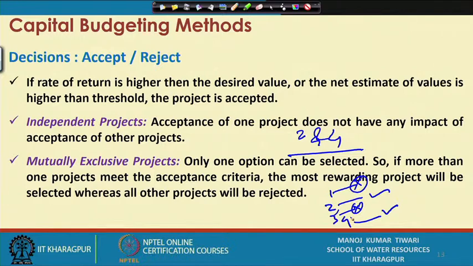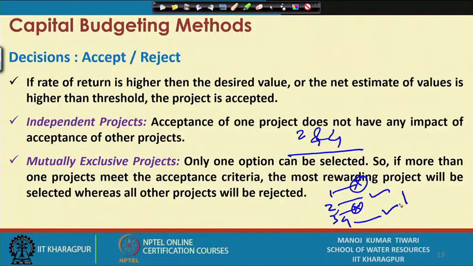I will have to see that both are acceptable based on my prefixed criteria, but because I have scope for only one project, the most rewarding project will be selected and all other projects will automatically be dropped.